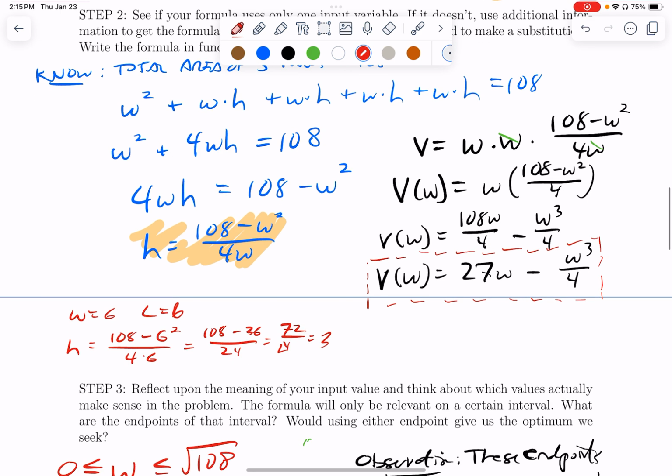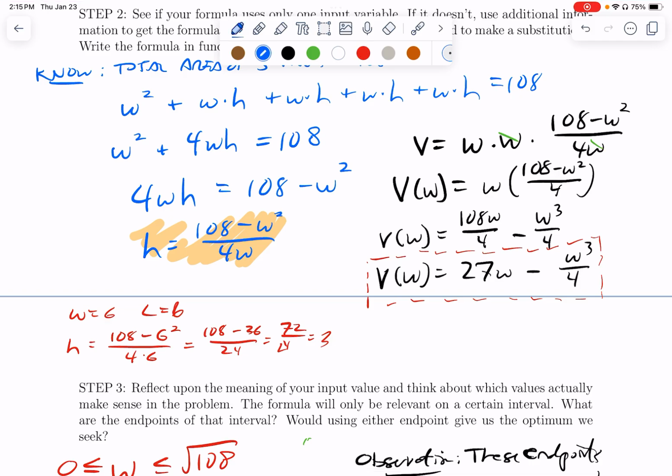So it turns out the best possible arrangement for this box would be 6 inches on this side, 6 inches on this side, and 3 inches tall. So we're actually better off with a box that's kind of wide but short. That, it turns out, is going to be the best possible arrangement for such a box.